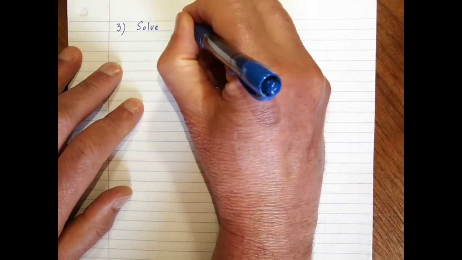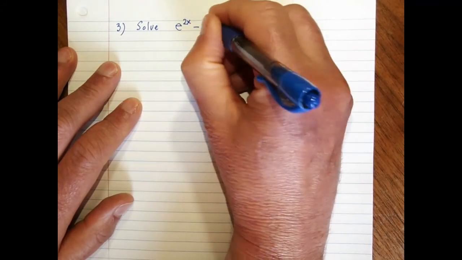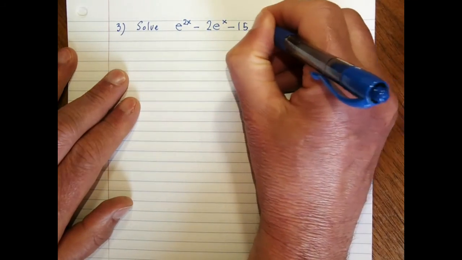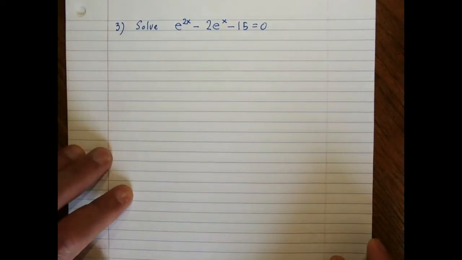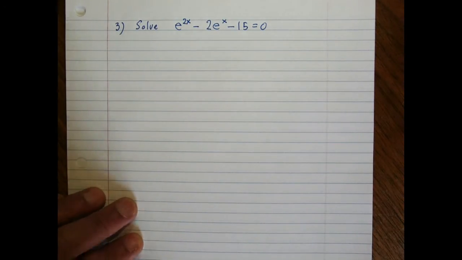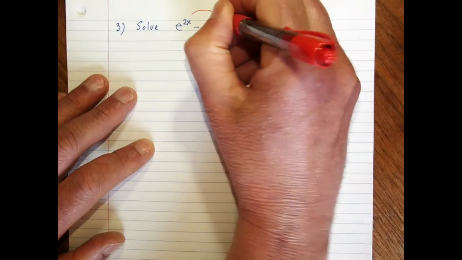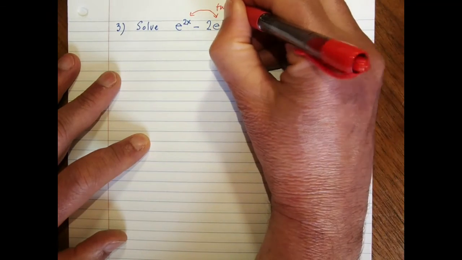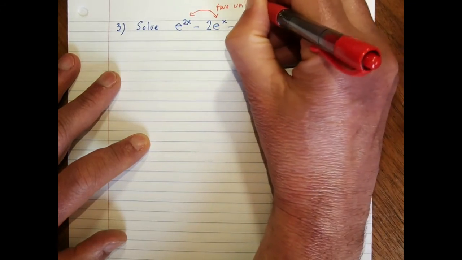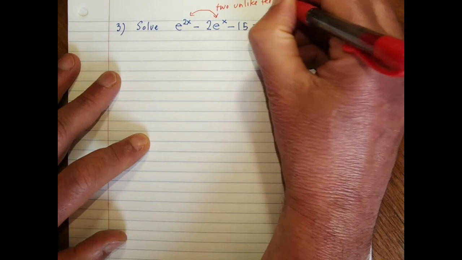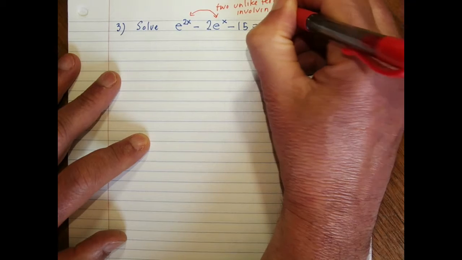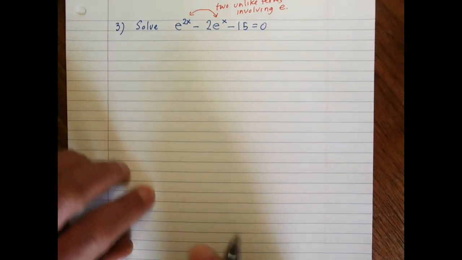Solve e to the 2x minus 2e to the x minus 15 equals 0. And what's unusual is we have, I think, two unlike terms involving e.